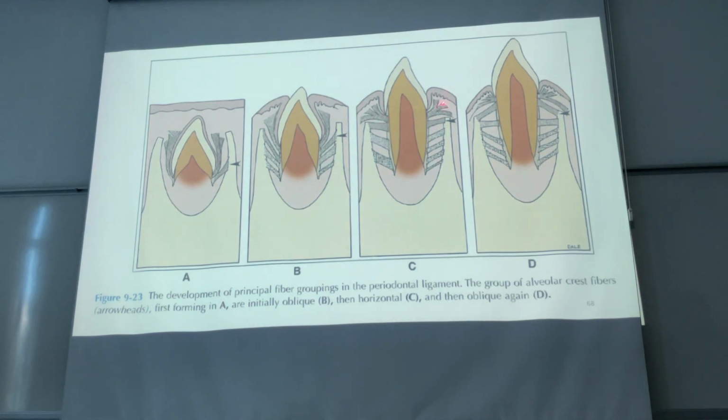Again, in the next stage, the oblique fibers continue to form, and with complete root formation, our apical fibers attach our teeth in the apex area to the bone tissue.